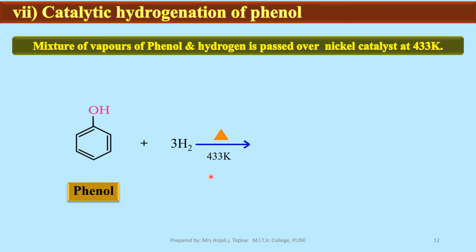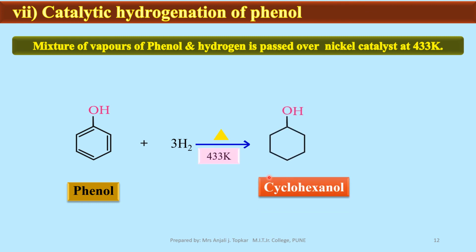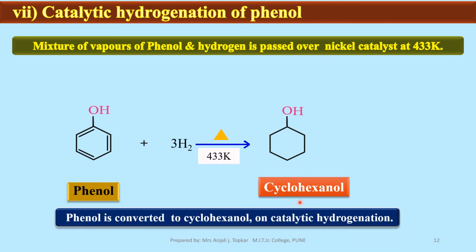Phenol undergoes catalytic hydrogenation at 433 Kelvin to form cyclohexanol. Phenol is converted to cyclohexanol on catalytic hydrogenation.